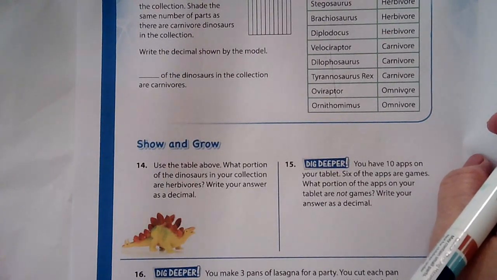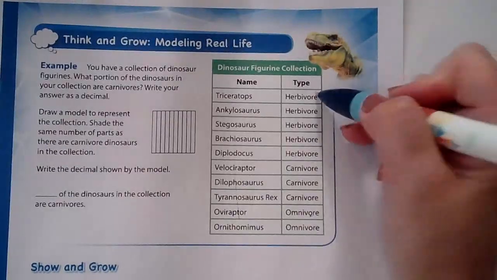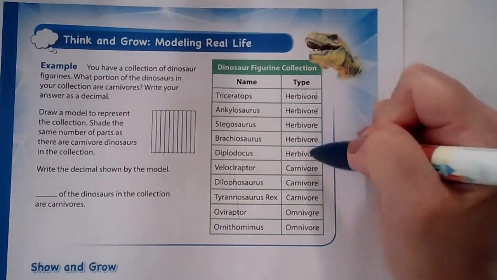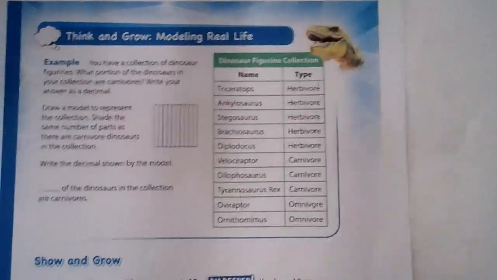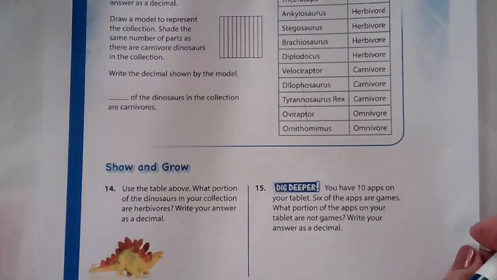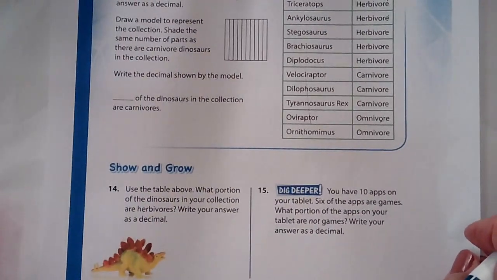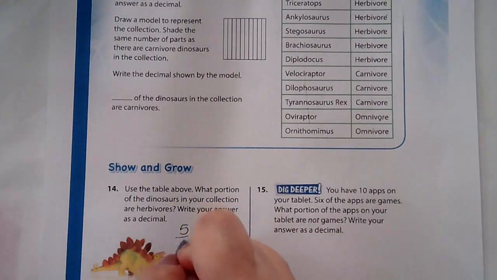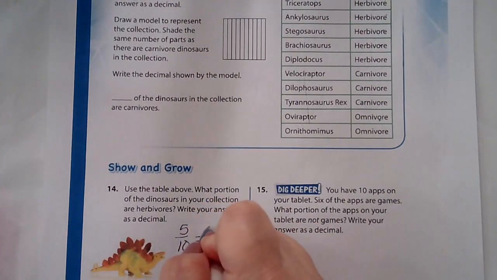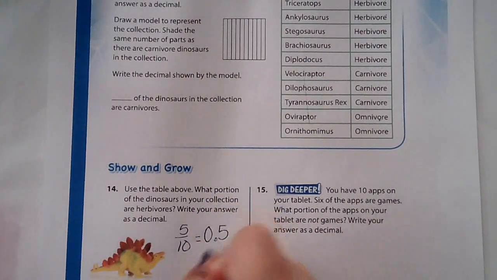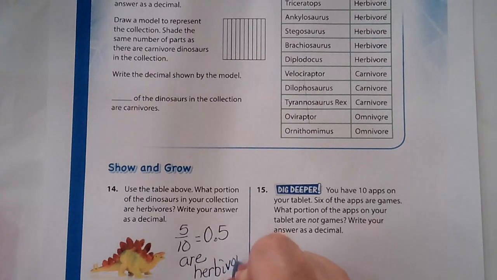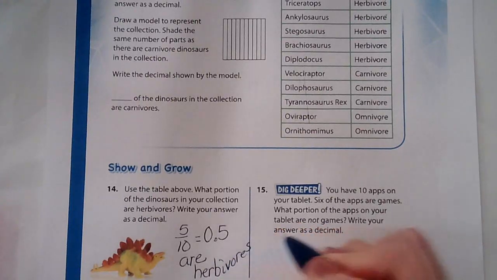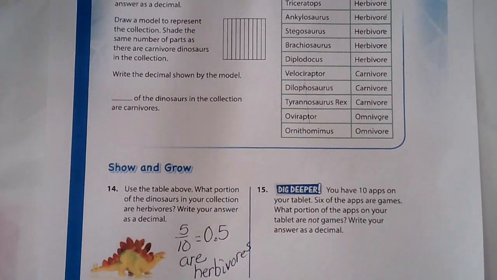Write your answer as a decimal. So let's take a look. There's 1, 2, 3, 4, 5. 5 out of 10 dinosaurs are herbivores. Write your answer as a decimal. So it's 5/10, which is the same as 0.5 are herbivores. Do you know what herbivores are? Yeah, those are the plant-eating dinosaurs.